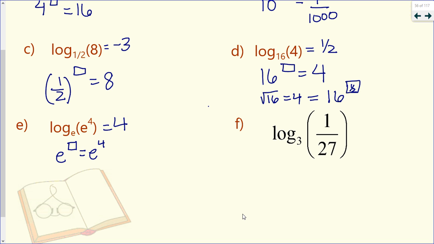And then lastly, we're looking at 3 to what power is 1/27th? So we're going to need a negative power that will make 3 one over.